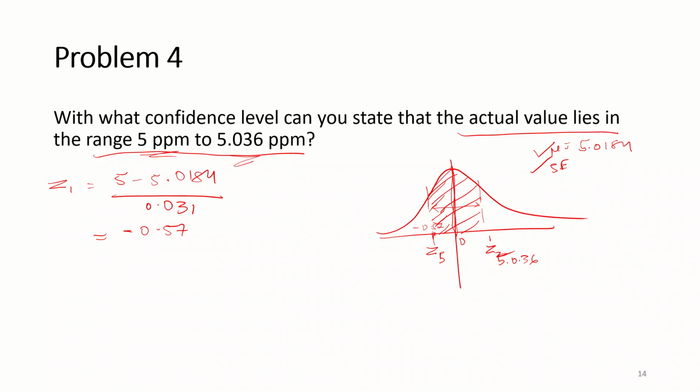Okay. So essentially I think you are telling the whole area, not the half. If it's 0.57, the area like this.